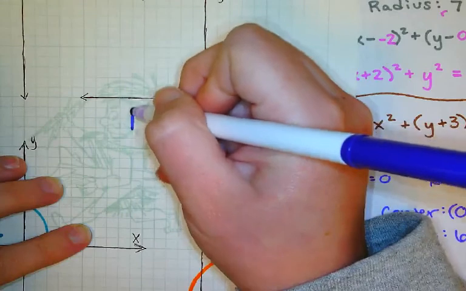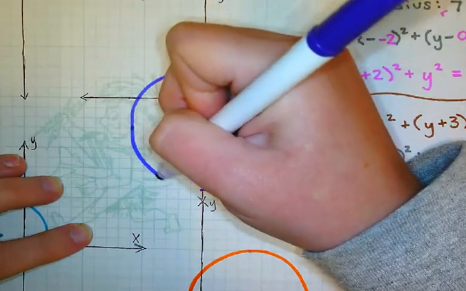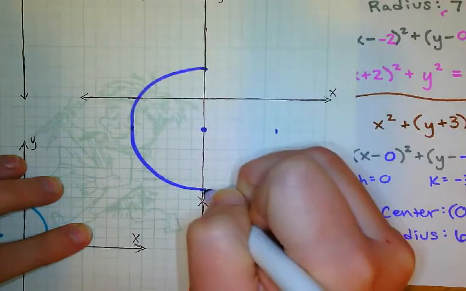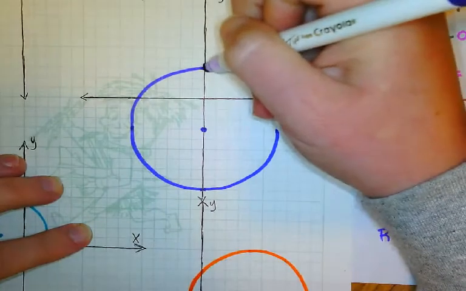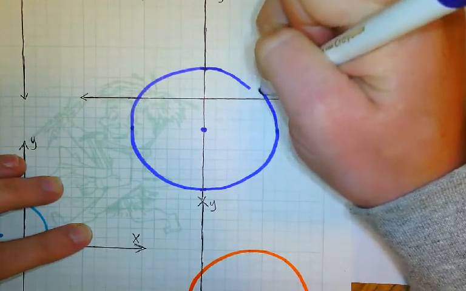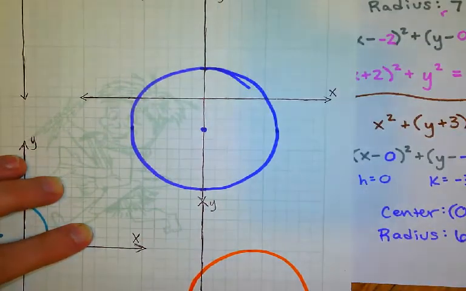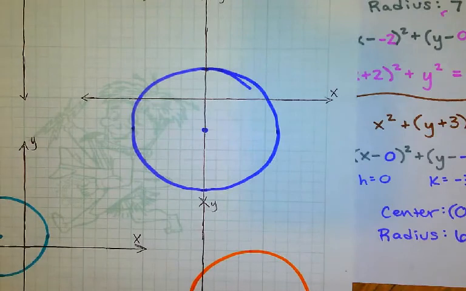Then use a curve to connect these guys. Whoop, messed up there. There we go. That's a little better. Anyways, so now we've got our circle graphed.